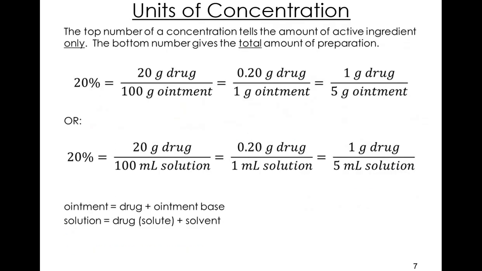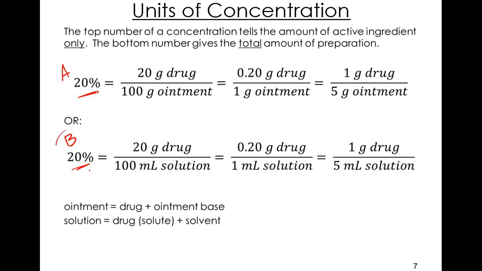The next slide shows two different preparations that have a drug strength of 20%. This time we're including actual units that might be used to indicate the amount of drug and the total amount of prepared medication. So out of A or B, which of these measures of drug concentration do you think would represent the situation I showed in the first picture, where solid drug was being dissolved in liquid diluent?